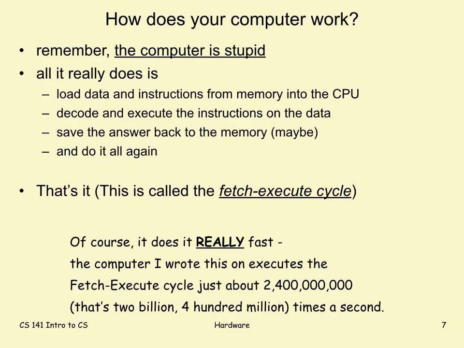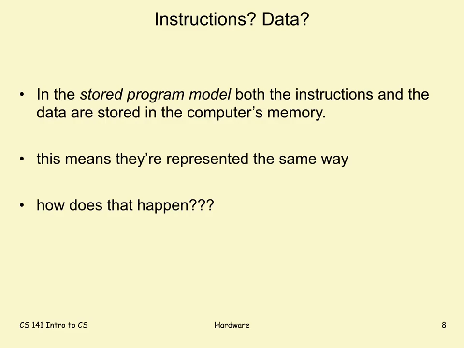So even though the computer can only do small things and it can only do simple things, it's the combination of all of those things that it can do hundreds of millions and billions of times that allows it to do very complex and complicated things. And this all depends on the fetch-execute cycle.